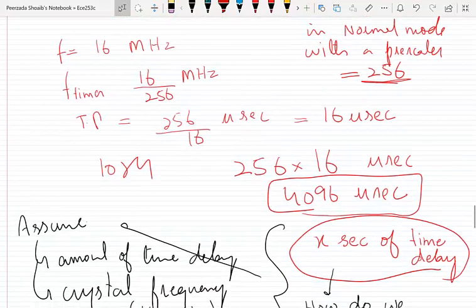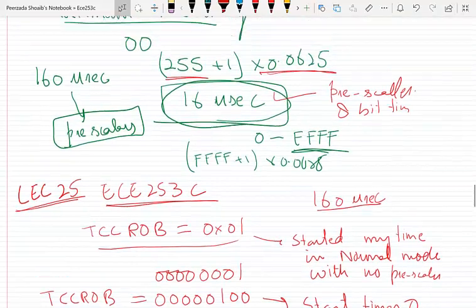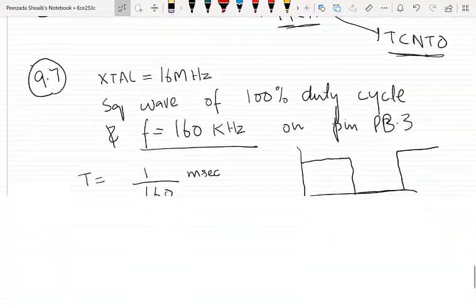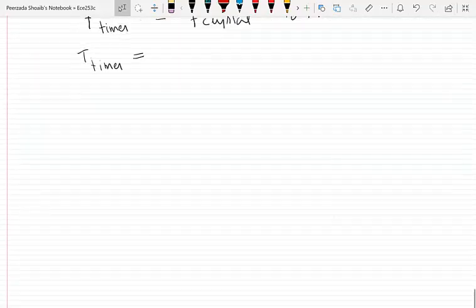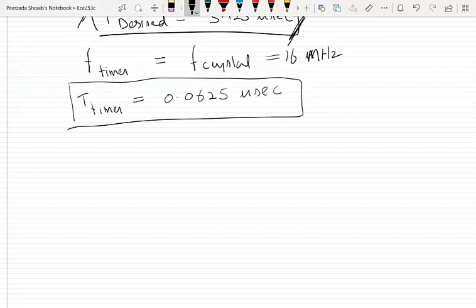That is 1 divided by 16, 0.0625 microseconds. So the time period is 0.0625 microseconds. Fine. So the first step was to calculate the timer time period. We have done that.